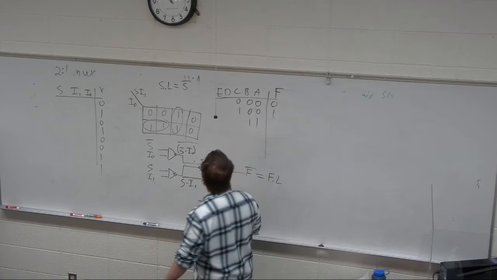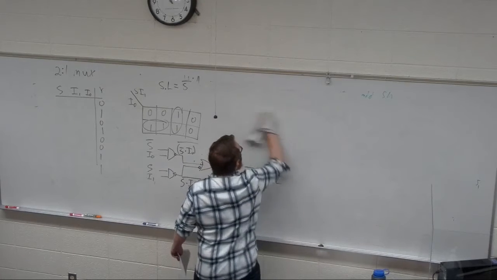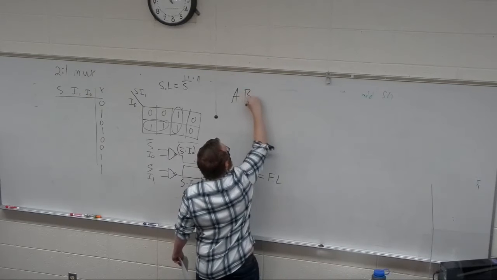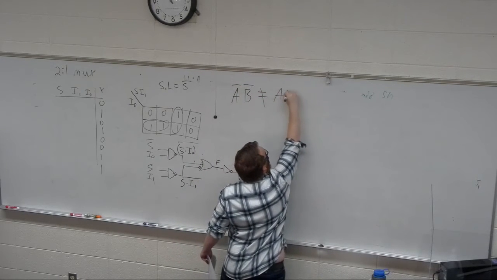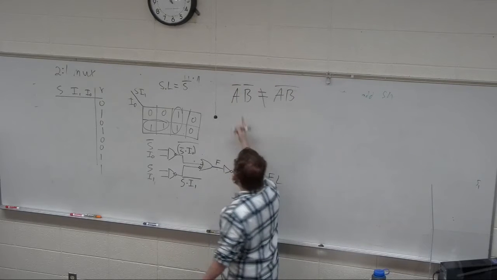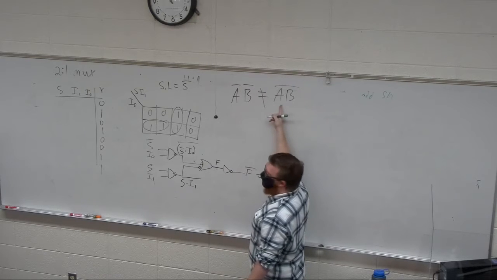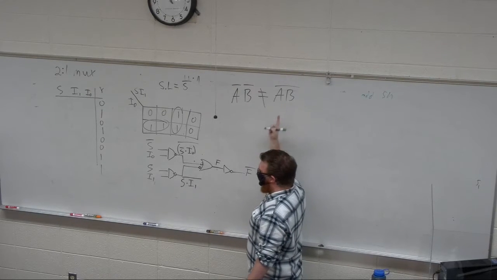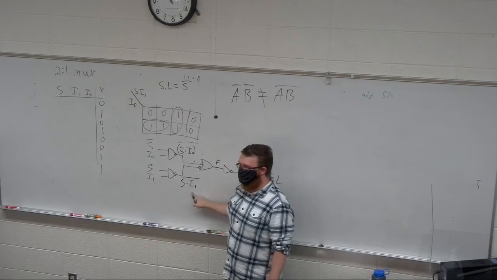And we also need to be very clear: not A and not B is not equal to not A and B. So when I have something like this, I can't just split out the I1.